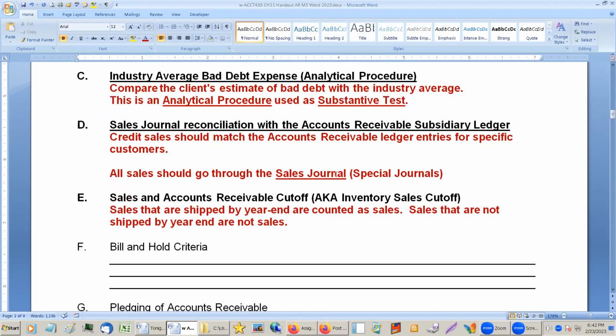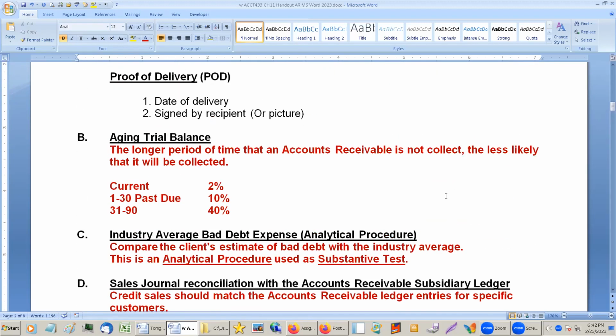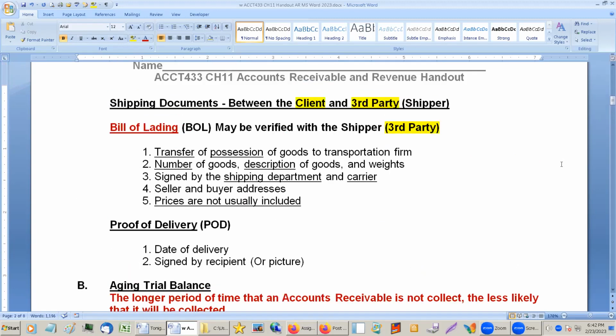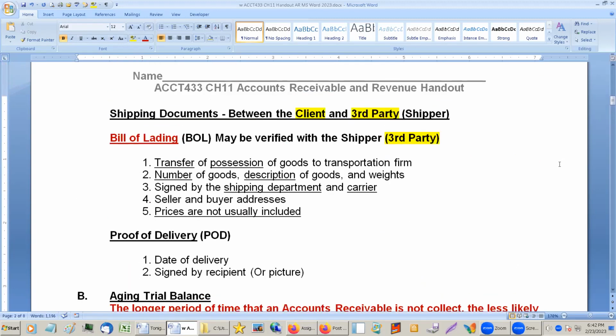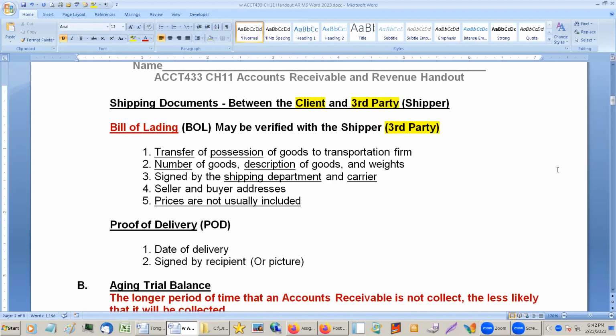By the way, let's go back here. What document are we probably going to be looking at to see if we count it as a sale? Bill of lading. Yeah. Yep. Bill of lading. See, what am I doing? Yeah, the bill of lading is what you're going to look at.